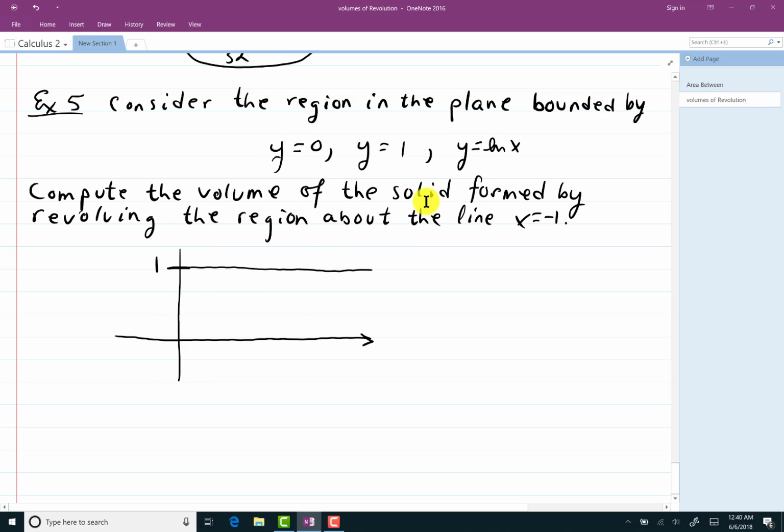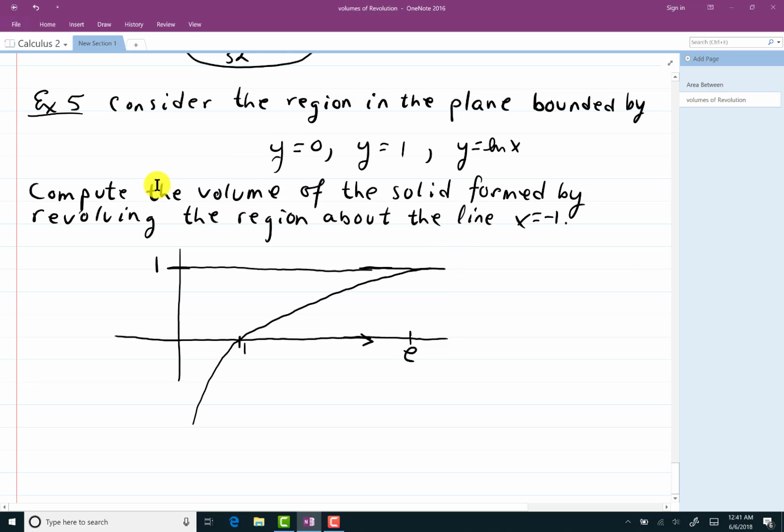Y equals ln x. Ln x crosses the x-axis at 1. And eventually ln x and y equals 1 do intersect. Where does that happen? That happens out there at e.